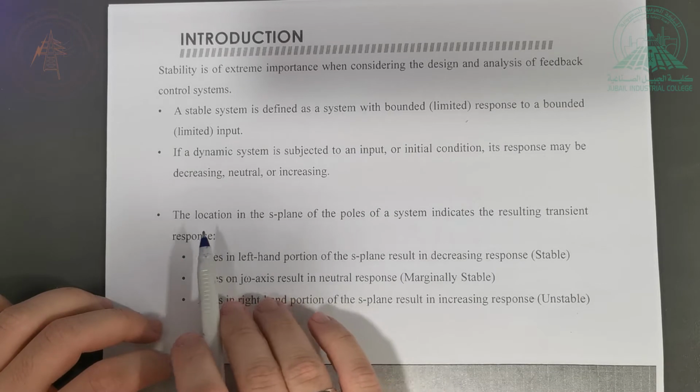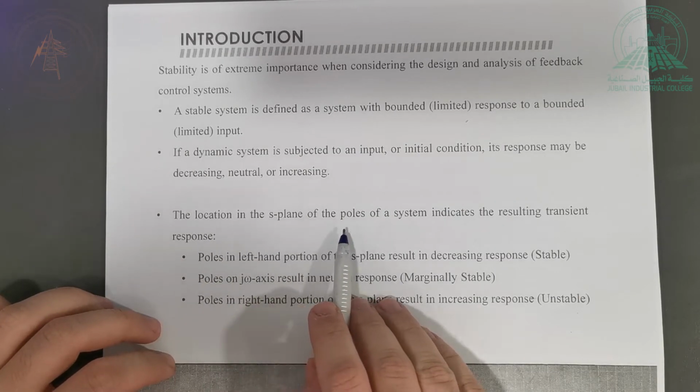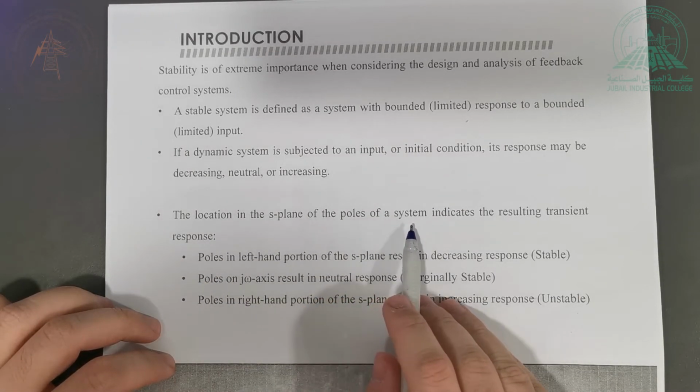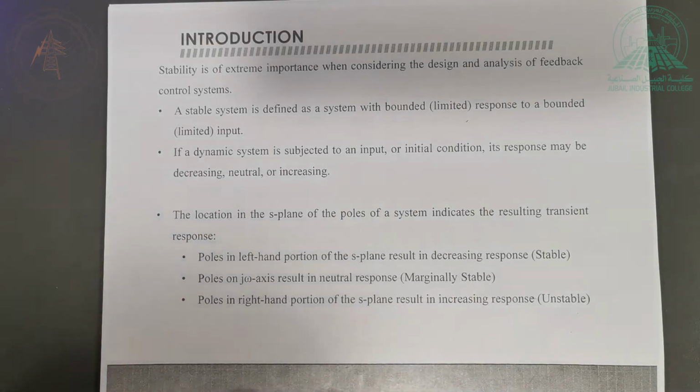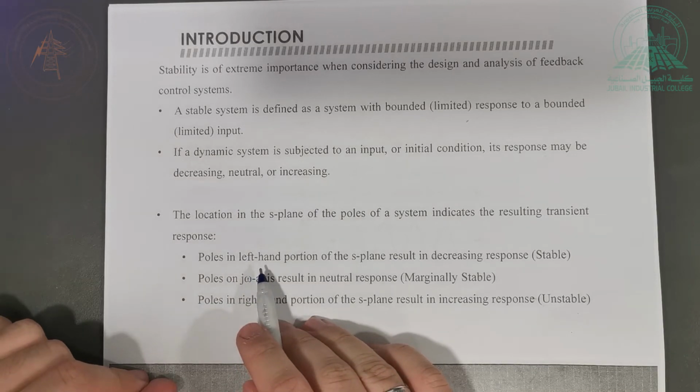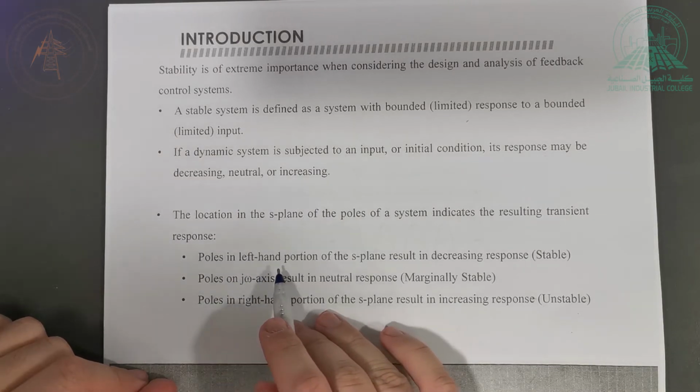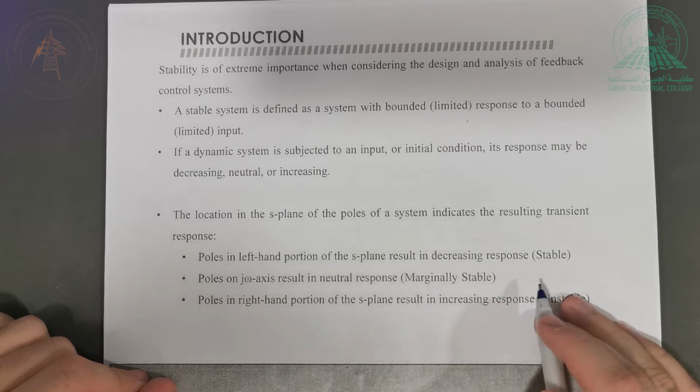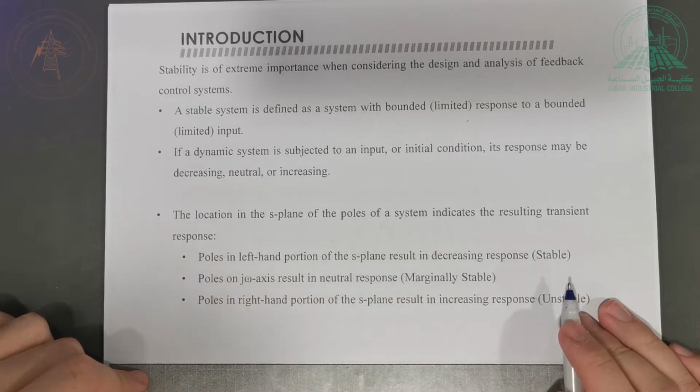So you can see here that the locations of the poles of the system indicate the response of the system. If the poles are located on the left hand side, basically if all the poles are negative, it means that the system will be a stable system.